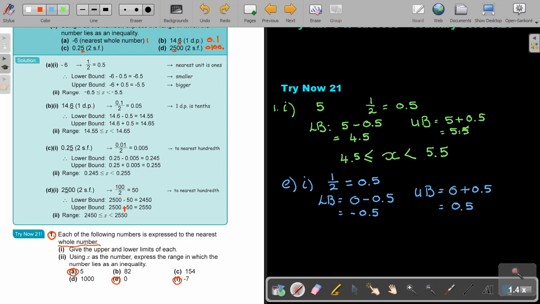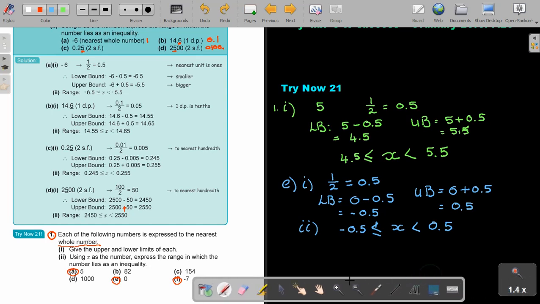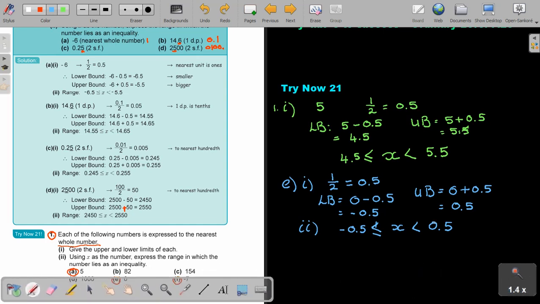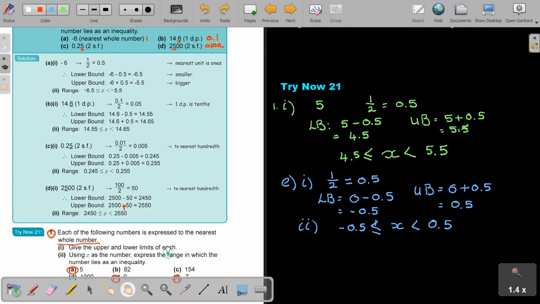Okay, then the second one, which is going to be x. Let me show you. Put here my equal sign, so it's negative 0.5, and this one is just 0.5.